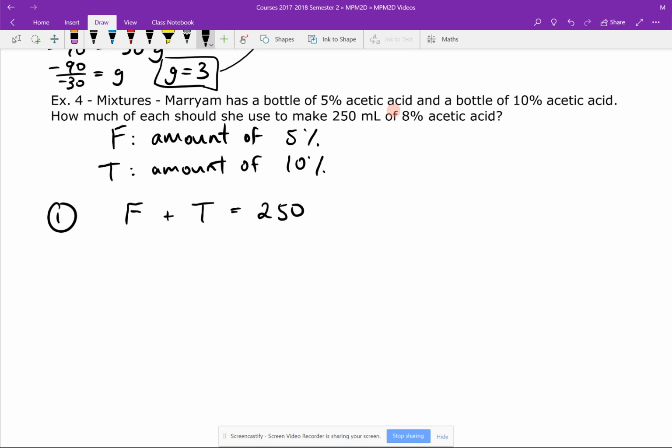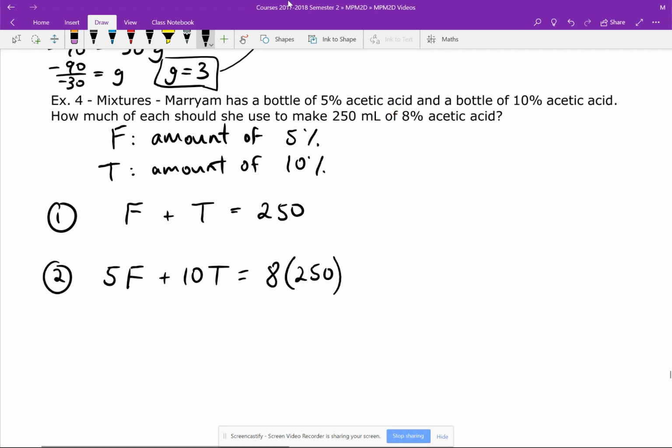The second equation comes from the actual concentrations themselves. So 5% of my F amount plus 10% of my T amount equals 8%, so 8% times my 250 milliliters amount.